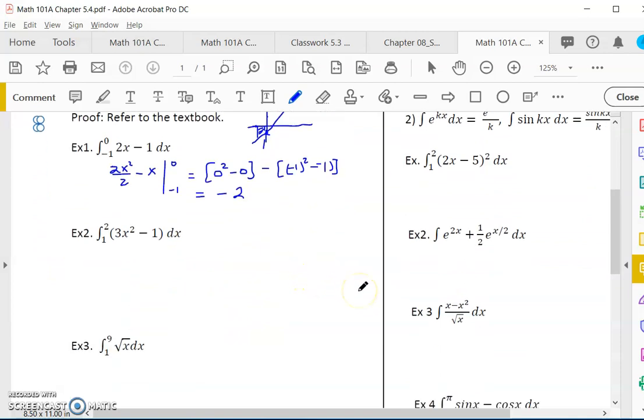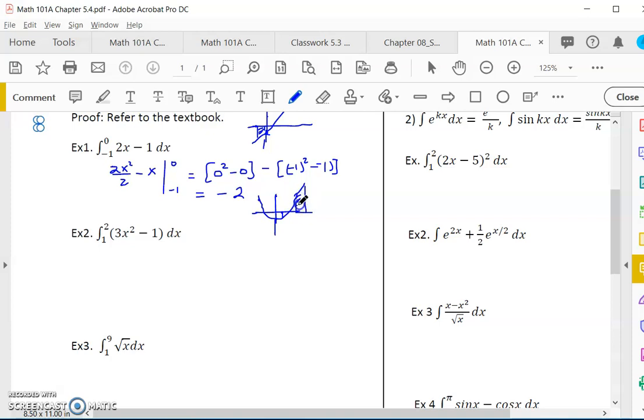Okay, so let's do the second one. The original function was 3x squared minus 1. You think about it, it's like a parabola, and we want to find the area from 1 to 2.